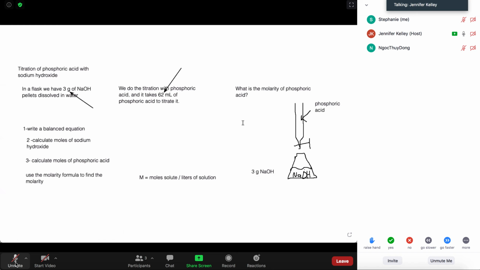And then with phosphoric acid, we know the volume. And of course, we can't use milliliters. We're going to have to use liters. Any questions about this part? No questions. Okay.